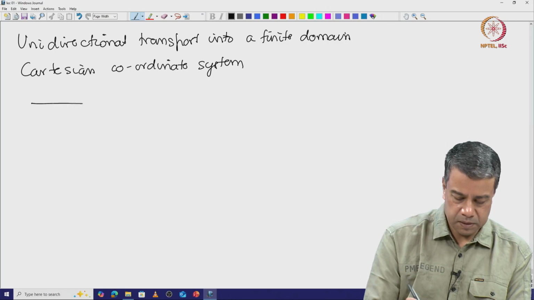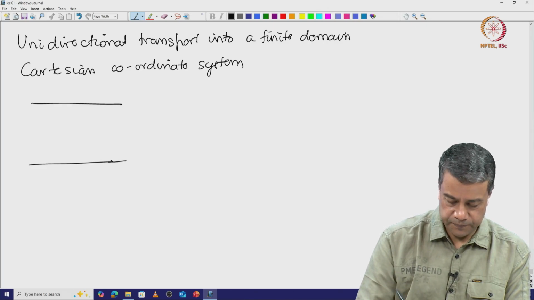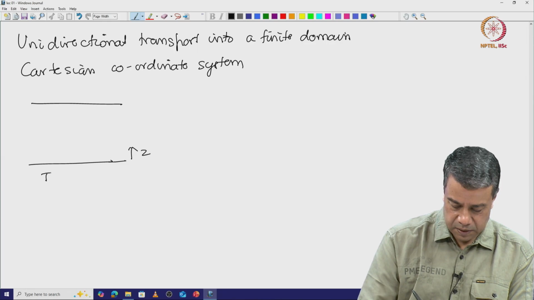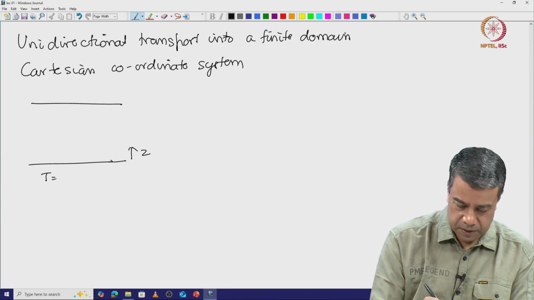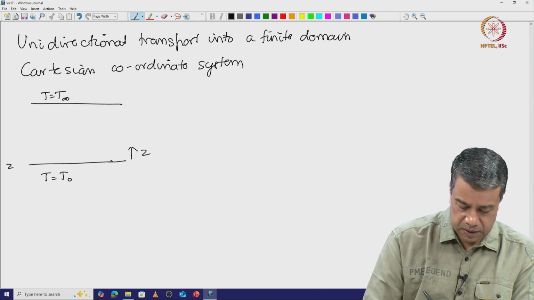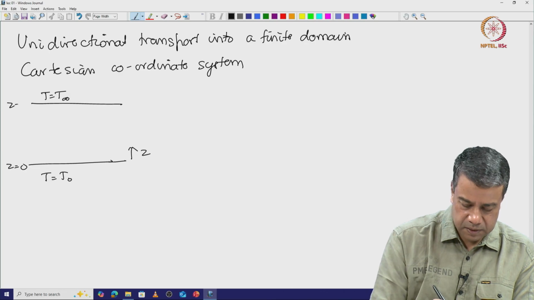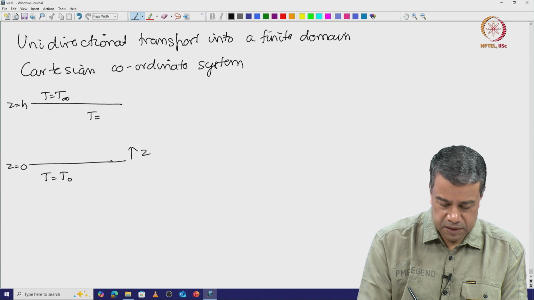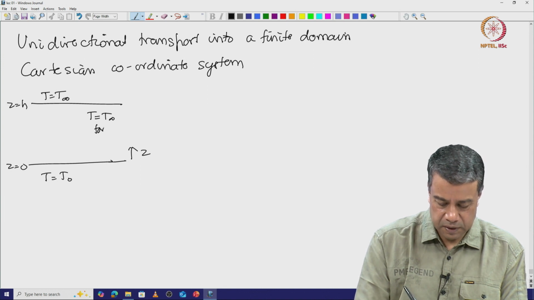We had two surfaces, with the z direction: the top surface at T equals T infinity, the bottom at T equals T naught, z equal to 0, z equal to h, and T equal to T infinity at t equal to 0.